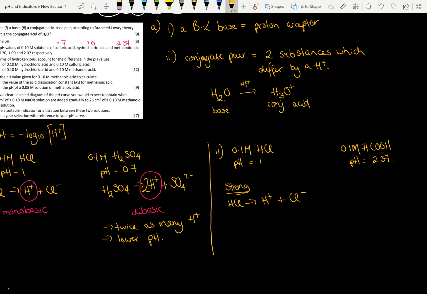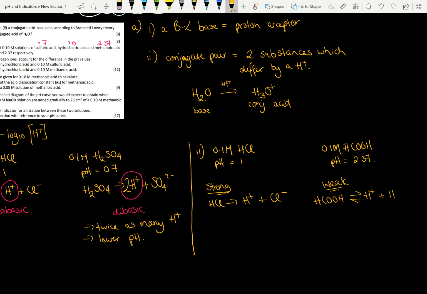Whereas the methanoic acid is actually a weak acid, and we know that from our organic chapter. Our organic acids are all generally weak acids, which means that it does not fully dissociate into hydrogen ions and HCOO minus.